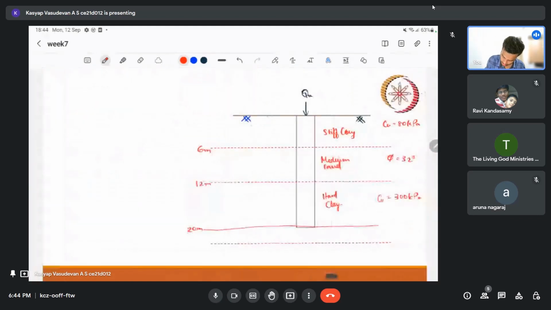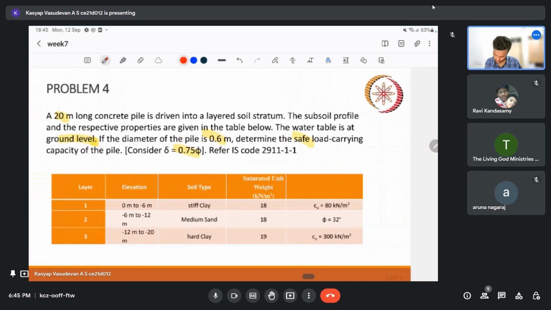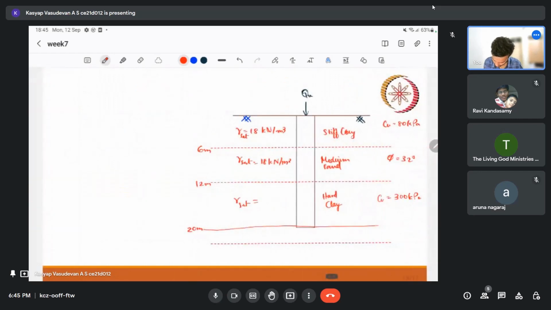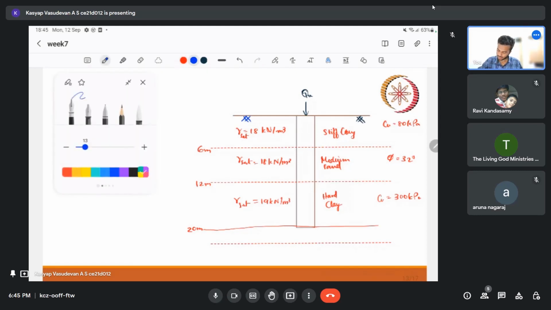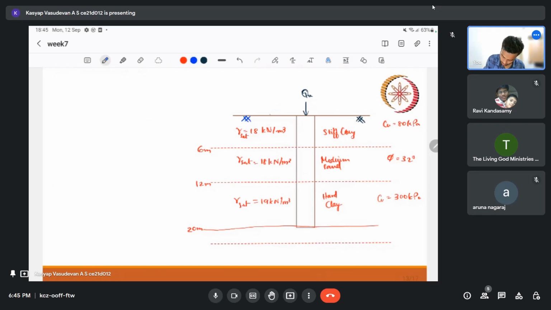We have densities: gamma is equal to 18, gamma sat, saturated density, in kilonewton per meter cube. Here gamma sat is also 18 kilonewton per meter cube. Here gamma sat is 19. The water table is given at ground level.